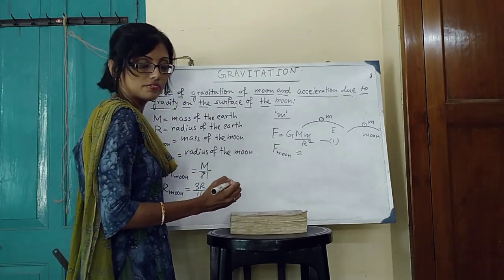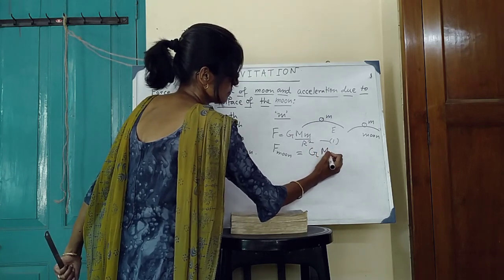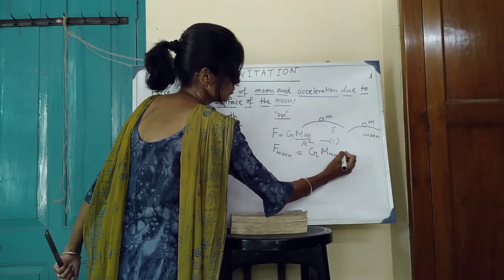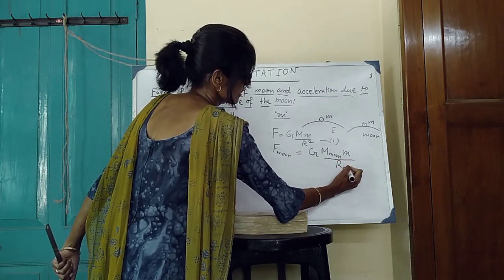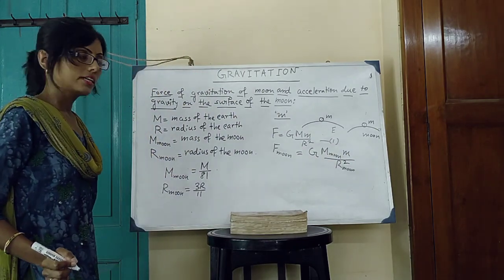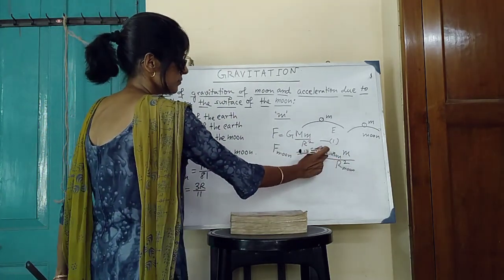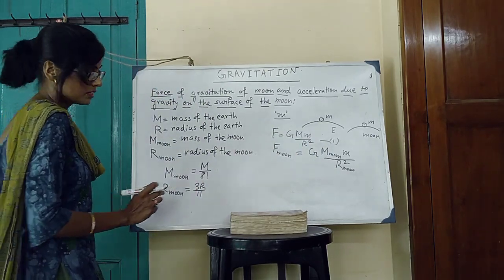Apply Newton's law of gravitation. F moon is equal to G M moon small m divided by R moon square. Clear? But there is a relation between big M moon and big M, means mass of earth.